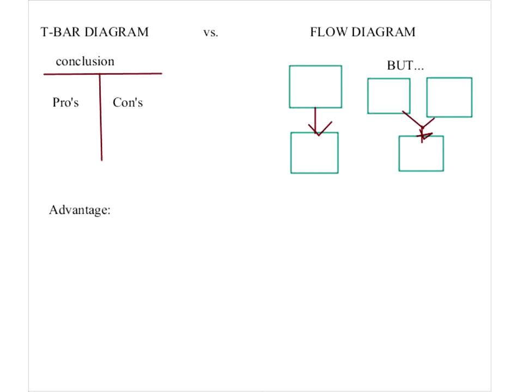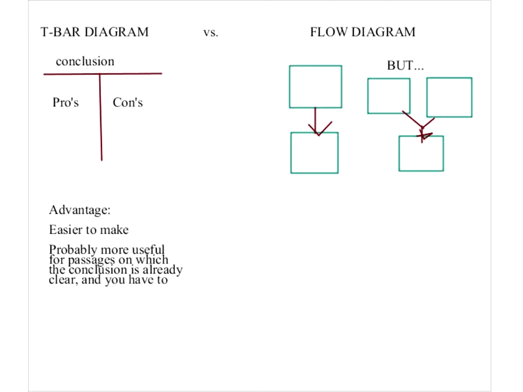The advantage of the T-bar is that it's usually easier to make, and it's probably more useful for passages in which the conclusion is already clear and you have to use pros and cons, such as strengthen and weaken.